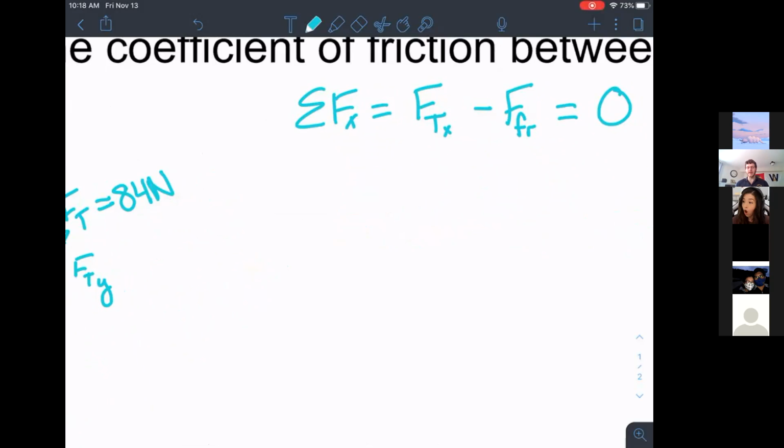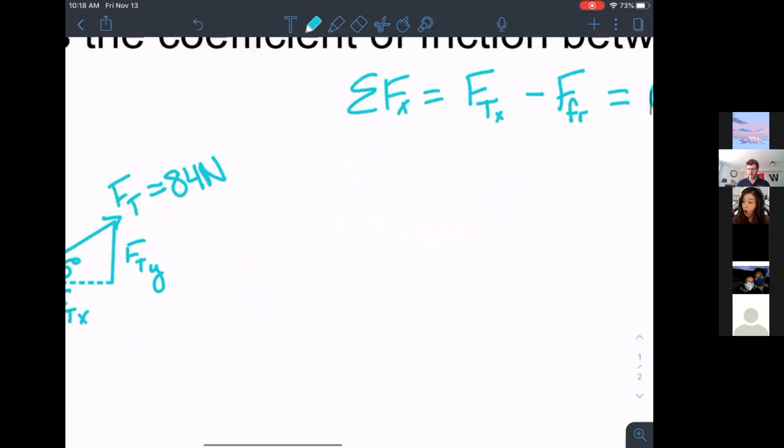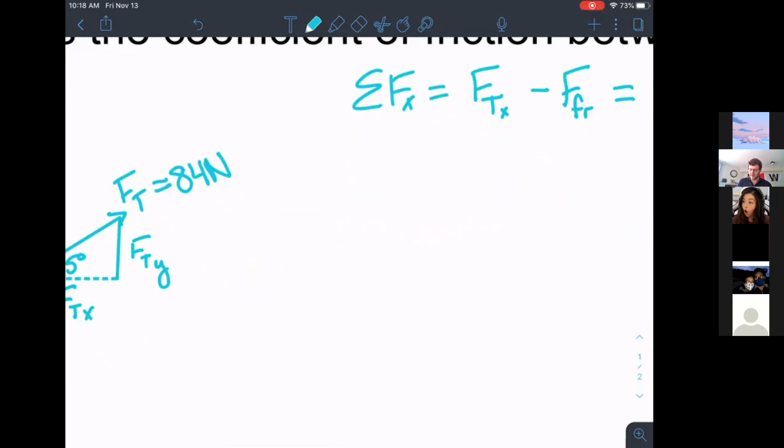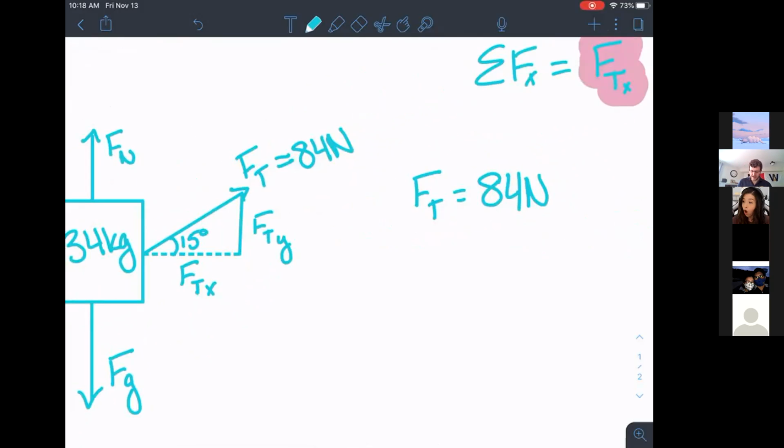One of these we can solve for without the sum of our forces, and it's that tension force right here, because we know what FT is, because FT equaled 84 newtons.